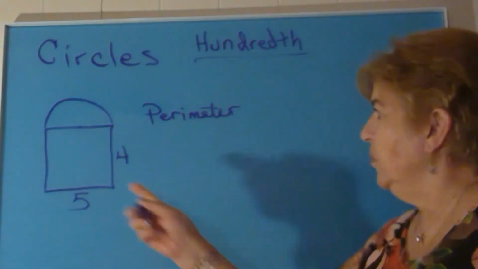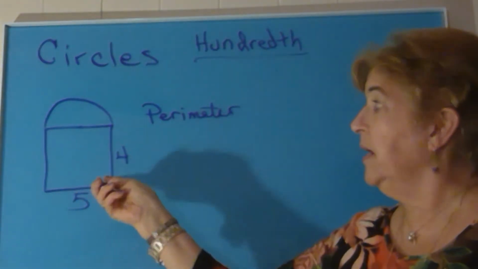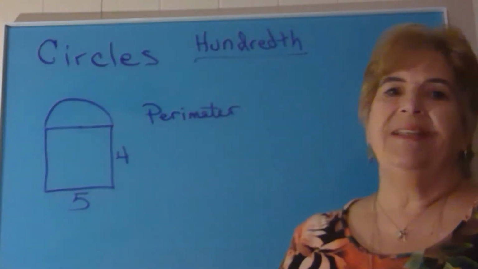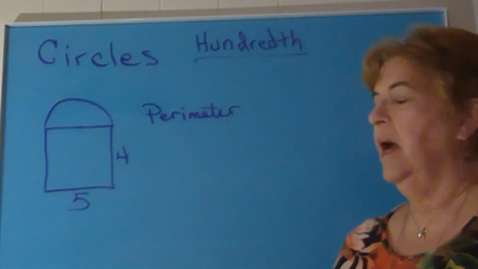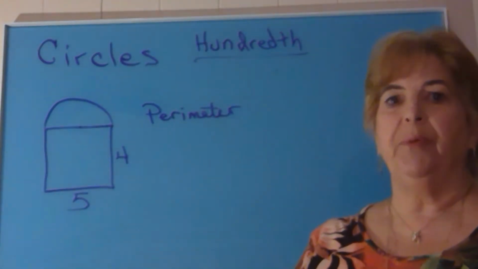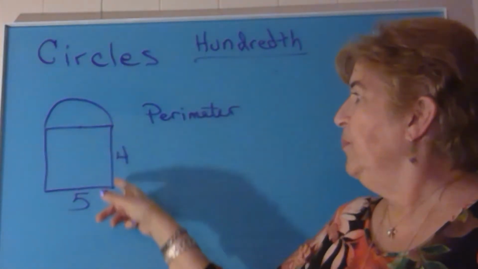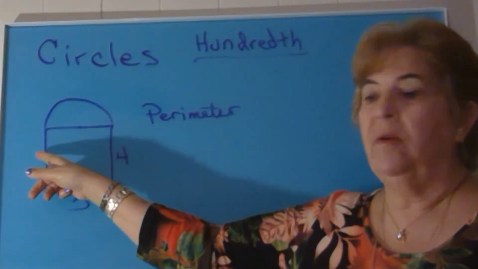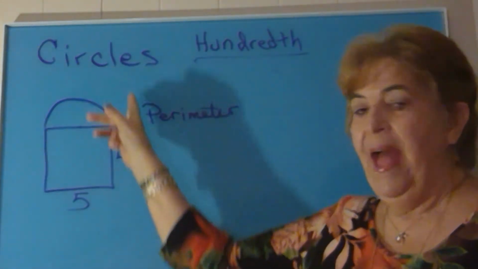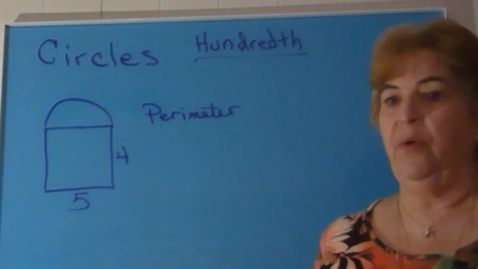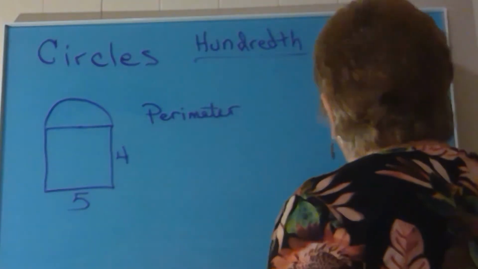But again, we have a polygon, a rectangle here, and a half a circle. So actually the perimeter is going to be made up of 3 sides of the rectangle and half the circumference of the circle.